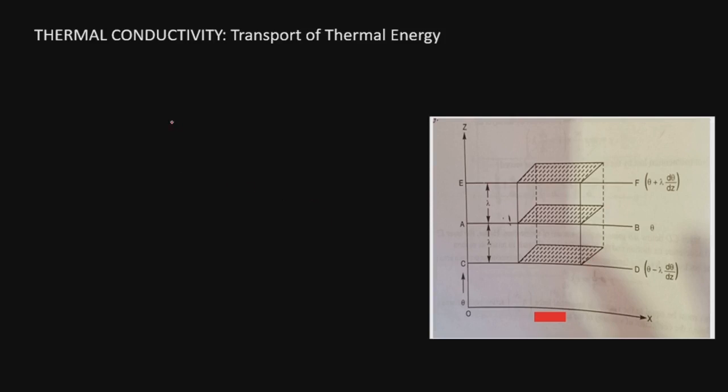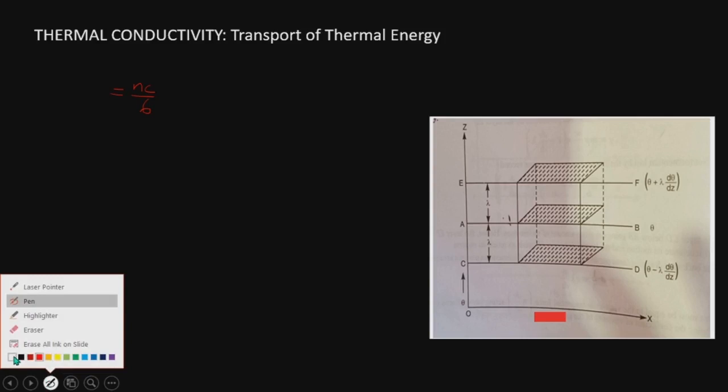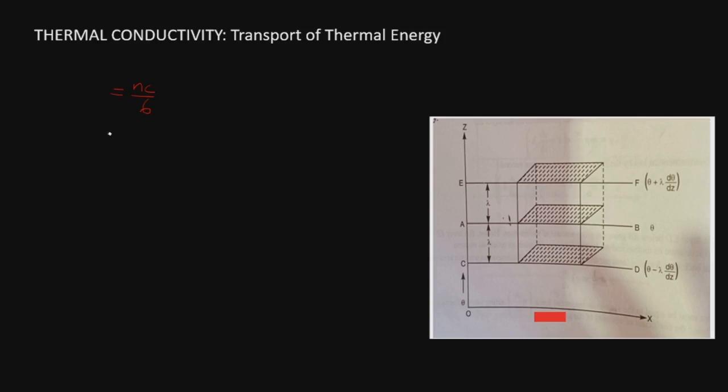Now the number of molecules crossing unit area of layer AB upward or downward per second will be equal to nc by 6. As we have seen in the last case, the number of molecules moving in each direction can be taken as 1 by 6 of the total number of molecules.